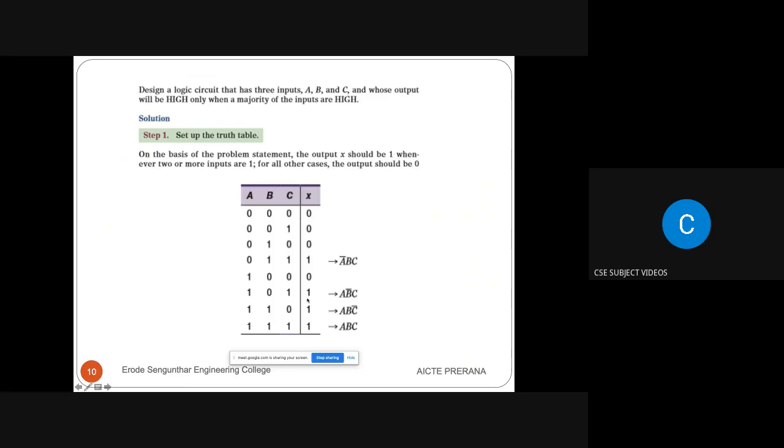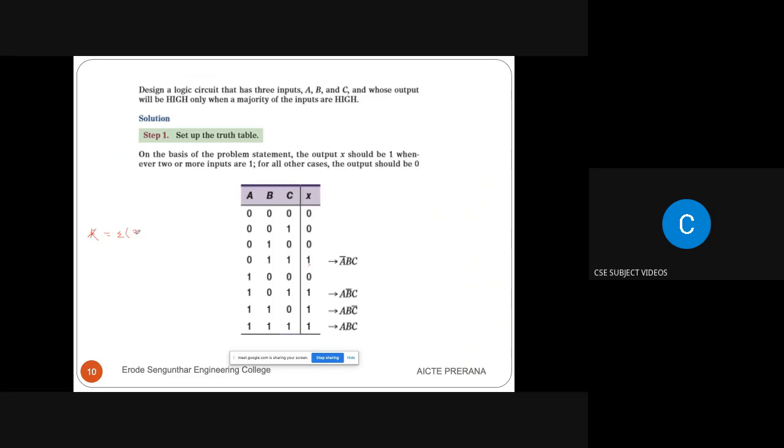So whichever row is having 1, that is, whichever minterm is 1, can be considered here, and we can write the sum of minterms for this truth table. The output is X, so X is equal to summation of 3, because the minterm 0, 1, 1 is m3.